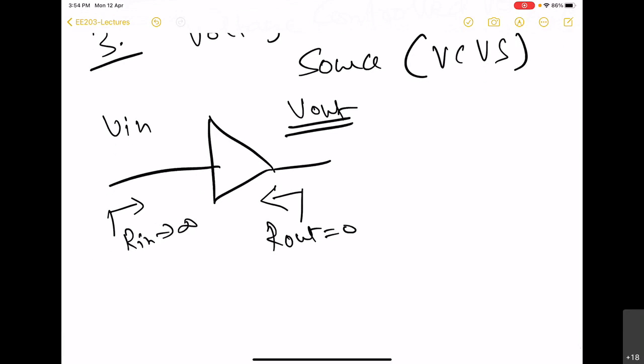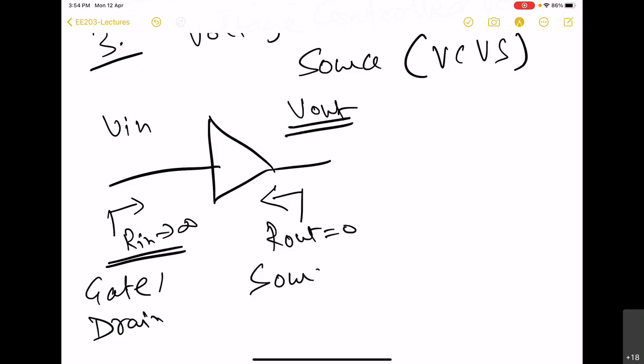So to fulfill this, we should have here either gate or drain, and what we should have here is source. There is only one possibility for this node, that is source, and here either gate or drain. But we know that drain is never an input quantity.